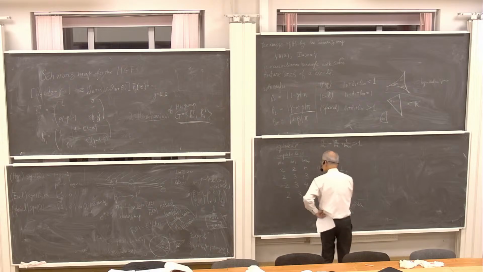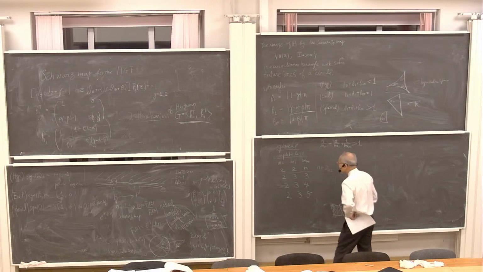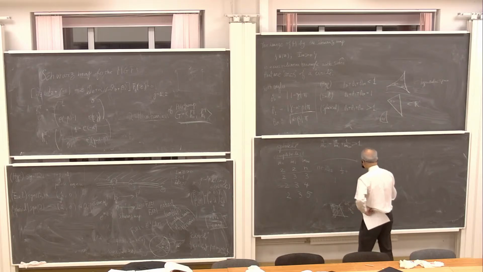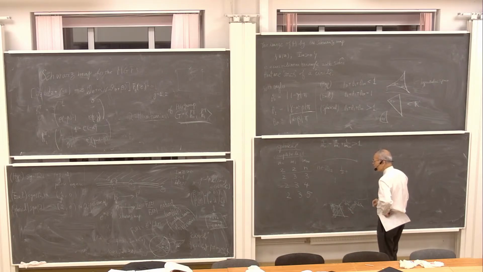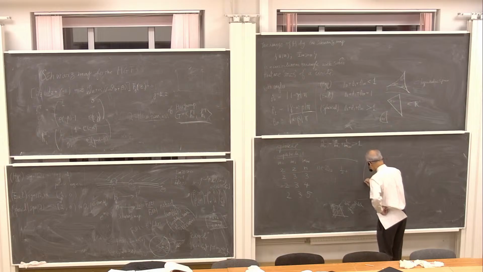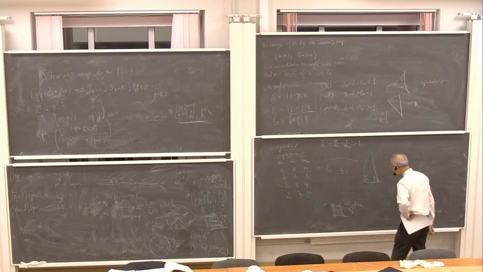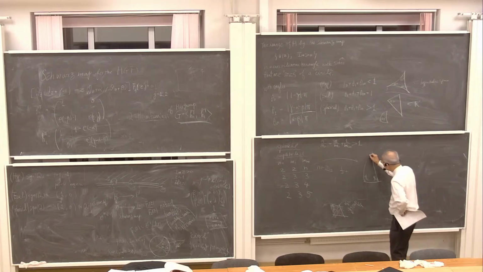And what is this? So for each list we can draw a triangle, isn't it? With angle, so the first one, 90 degrees. And here I have pi over n.